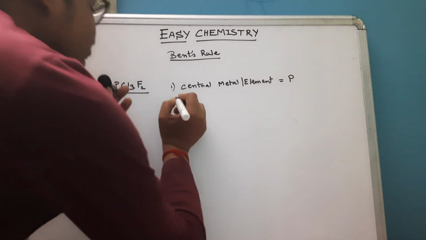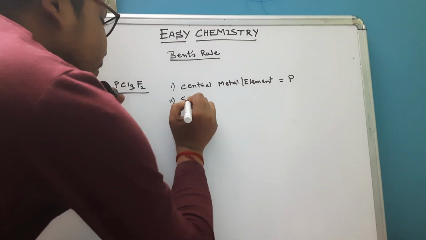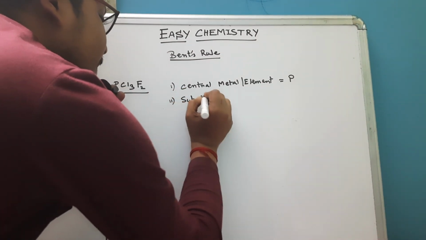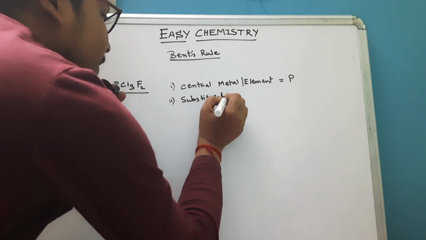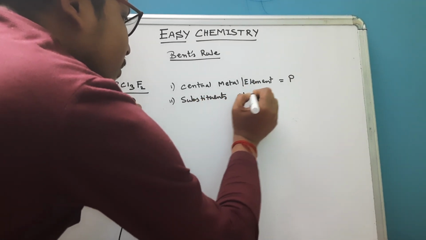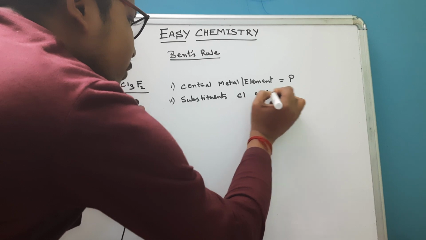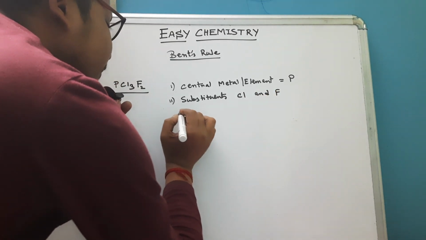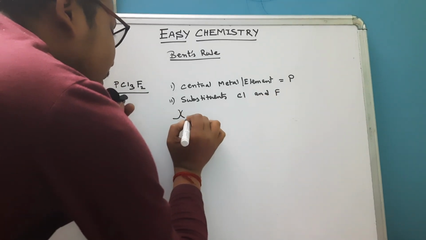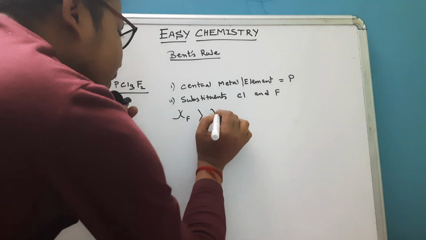And the substituents are chlorine and fluorine. And the electronegativity, chi: chi of fluorine is greater than chi of chlorine.